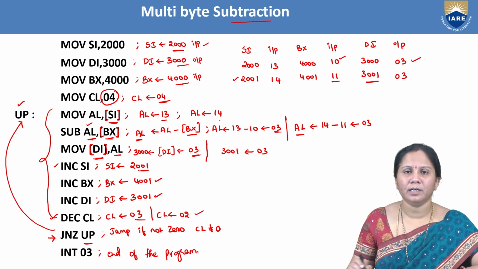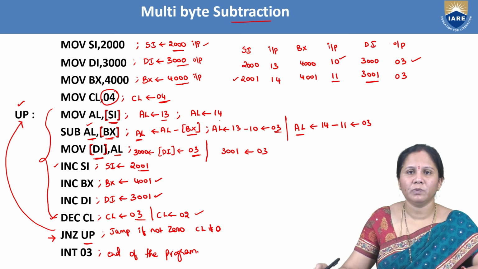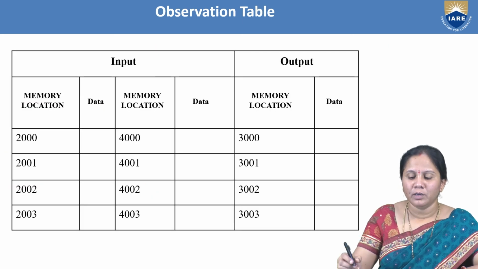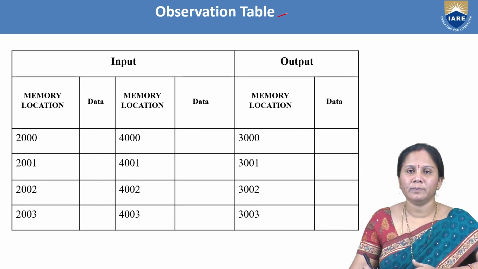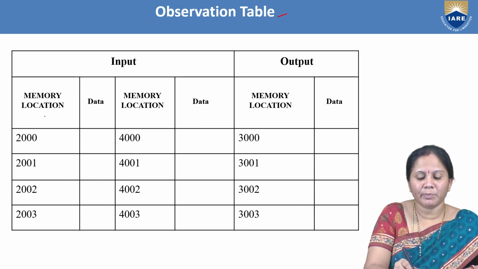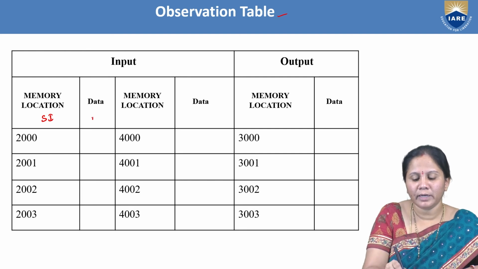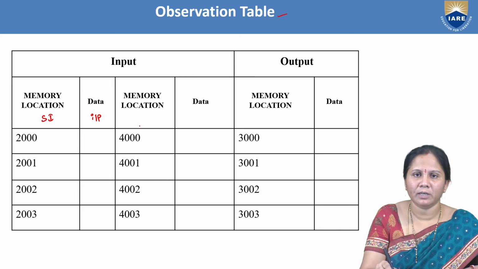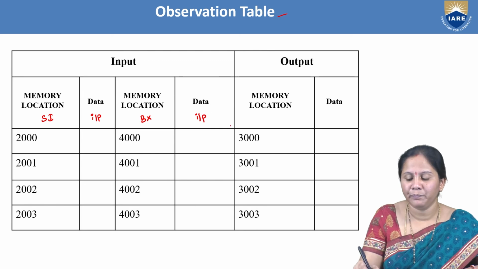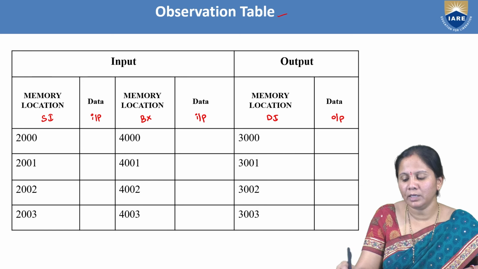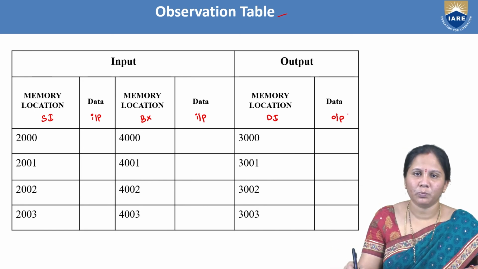So like this, the multi-byte subtraction operation will be performed. For the inputs we have taken in the example, if you write in the observation table, this is the memory location for SI, one set of inputs, where you have to take input data of byte size, and this is another memory location which is BX, where we can take another input, and this is the memory location DI which handles the output, the subtraction output.